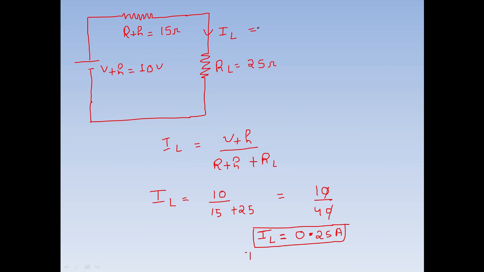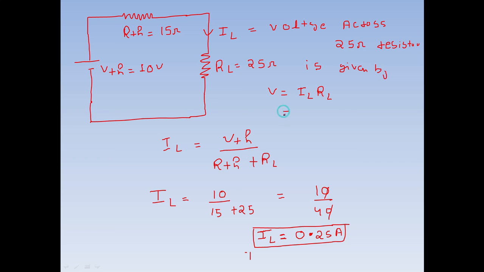Now the voltage across the 25 ohm resistor is given by V is equal to IR, so V is equal to IL times RL.